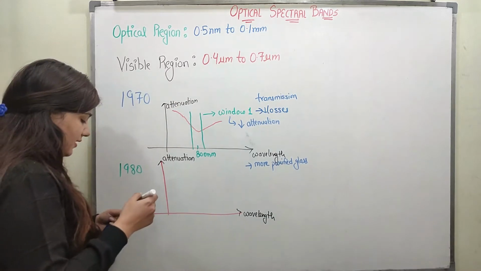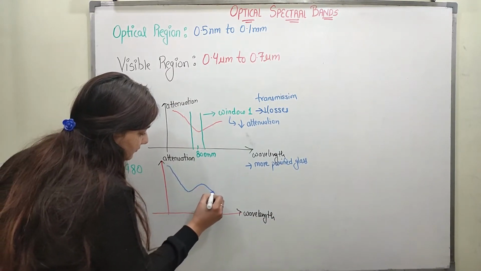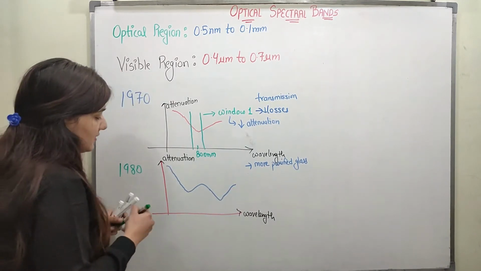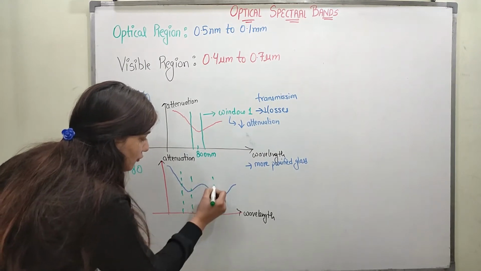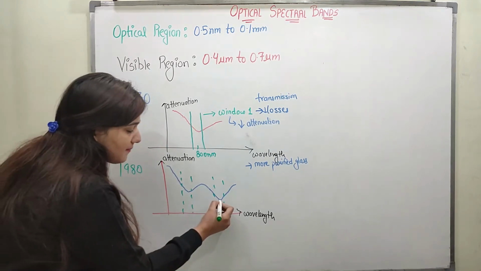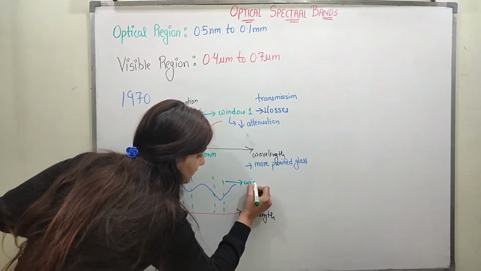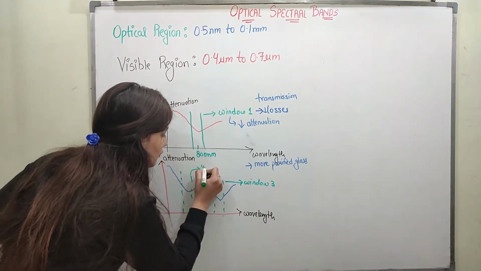The graph was like this, and you can see I can select two windows. Now you must be confused. I have to select the least attenuation, so I must select this window, which is called window 3, and this one is called window 2.